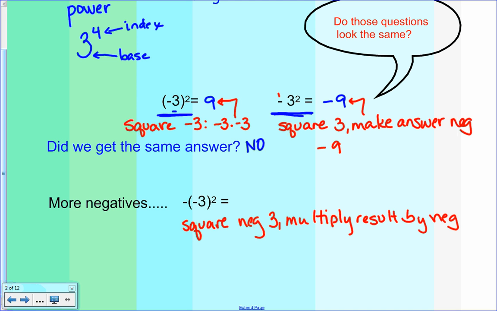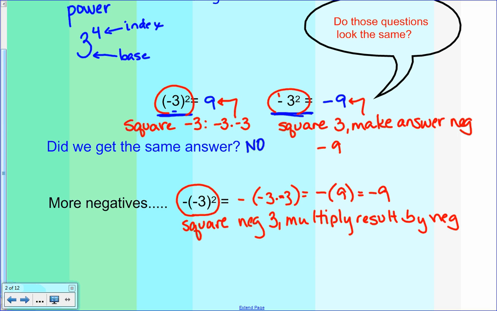So if I square -3, that would be -3 times -3, which is 9, and now the opposite of 9, and we get -9. So these last two are the same, and the first one was a positive number.